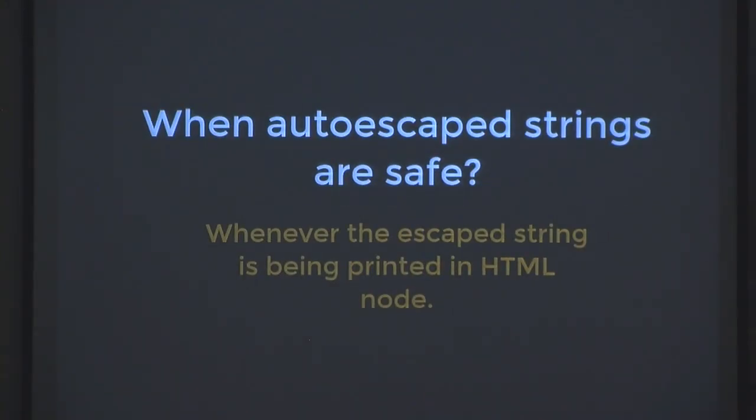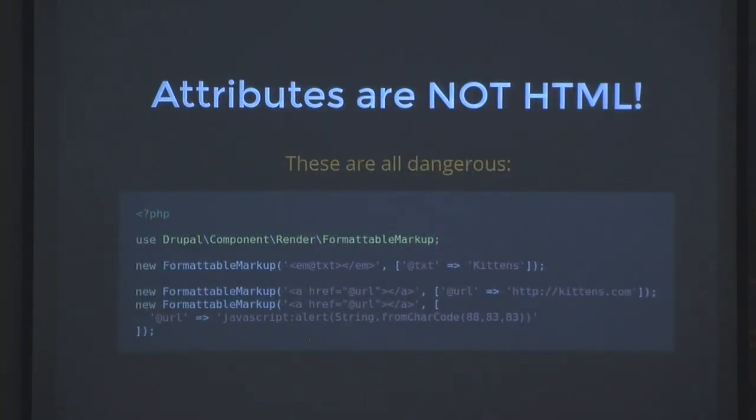So when is auto-escaping actually safe? Because it is not always safe. And that's true when the escaped strings are being printed in HTML node. What does that mean? If you output your variable inside an HTML opening and closing tag, if you do it there, what happens is that a completely different set of rules apply, so that escaping doesn't really help that much.